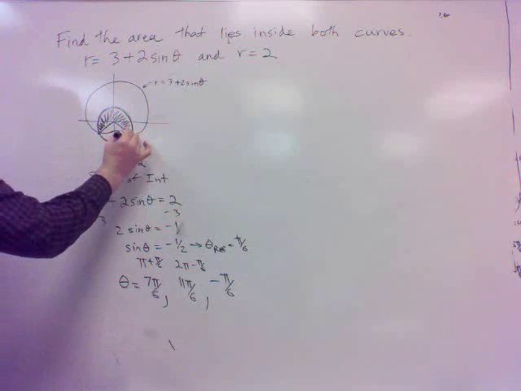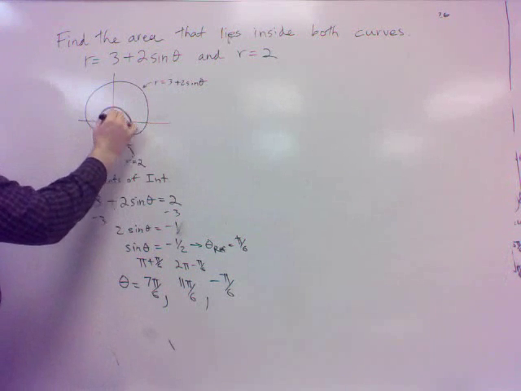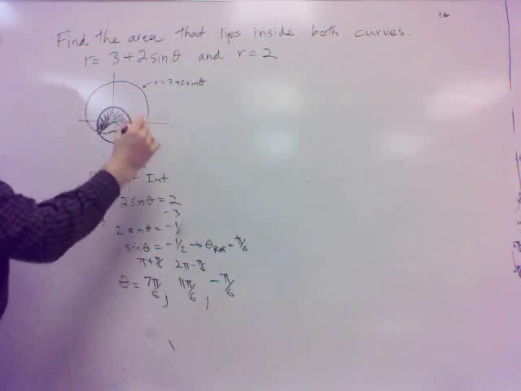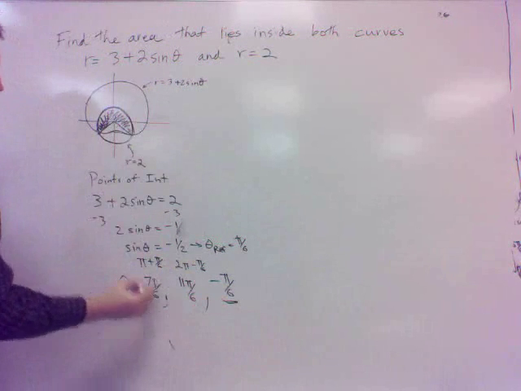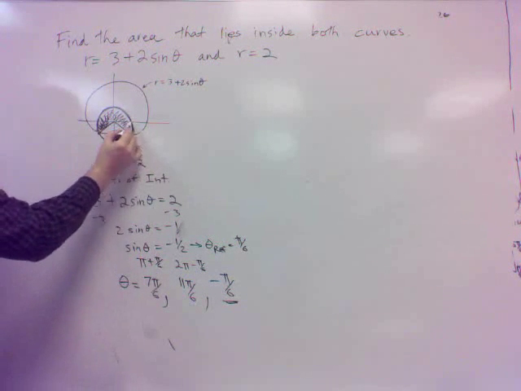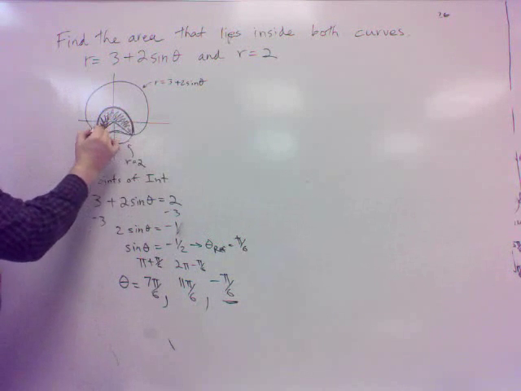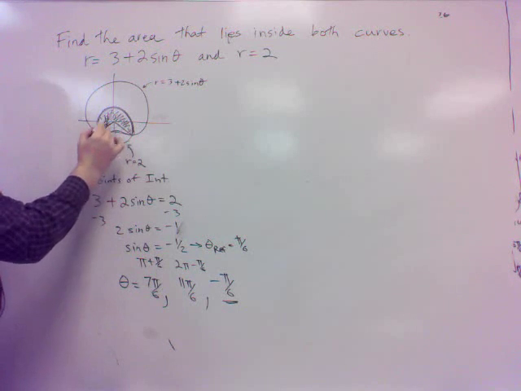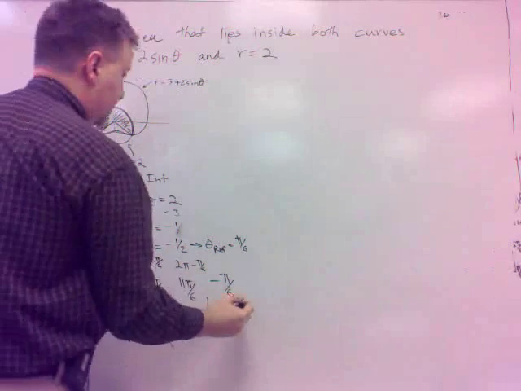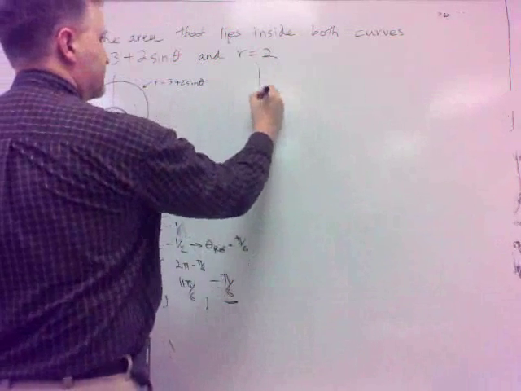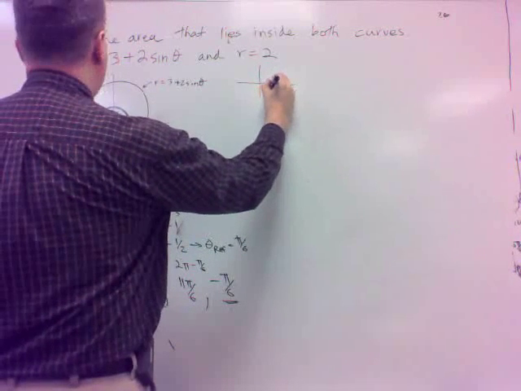Yeah, for this part right here, I'm with you there. To get that part, I think I'm going to have to use the negative pi over 6 to the 7 pi over 6. That would sweep it from here all the way over to there. That's what I want to do for that one. I'm with you there. So let's just show this part I'm talking about.